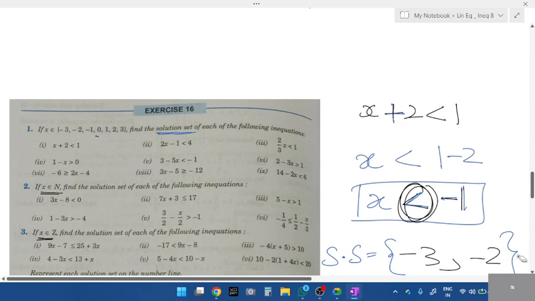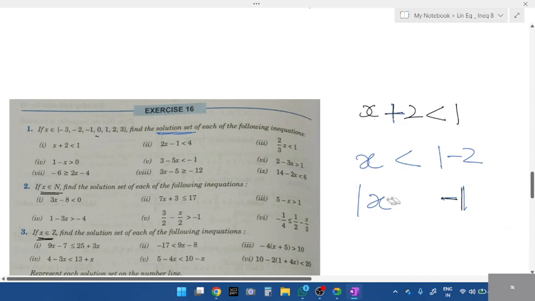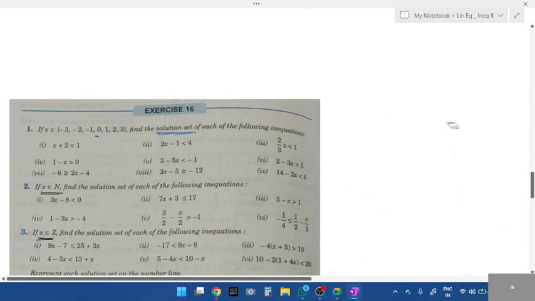Completed? Understood? Saima, Amilda, Ani, others? Okay, second question, students. See, do step by step.